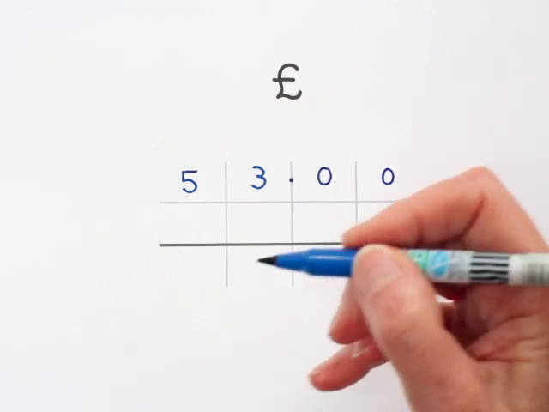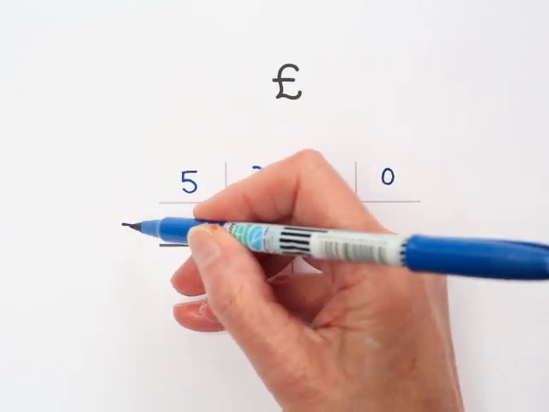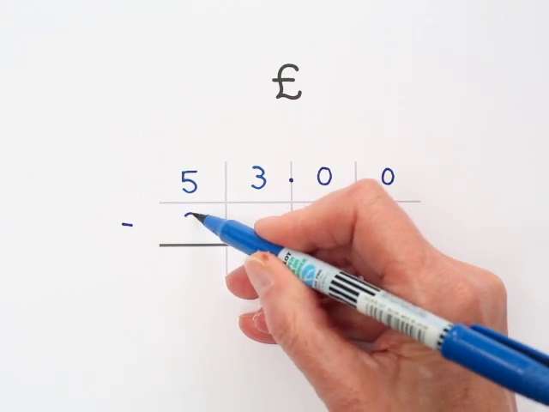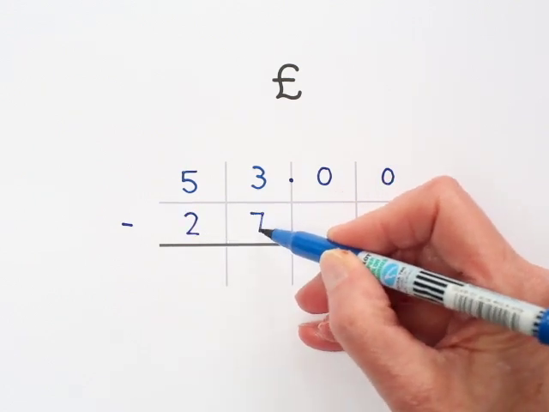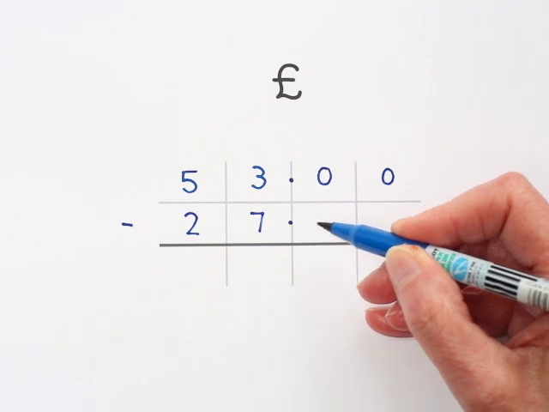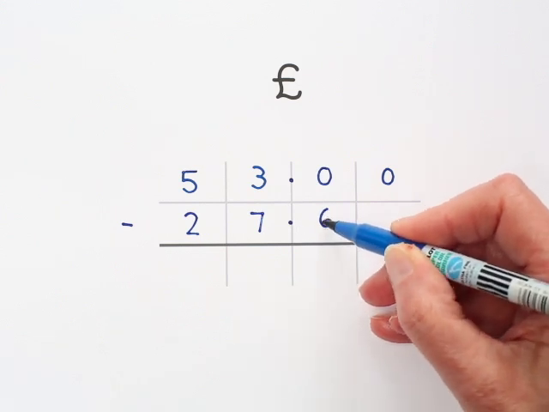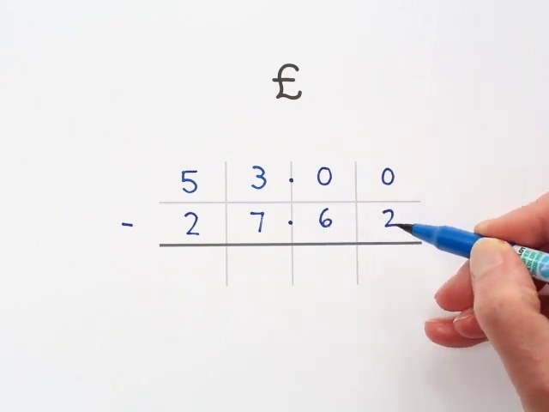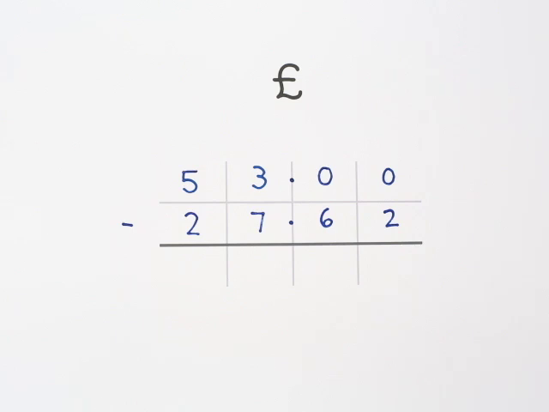Then we write the second number under the first, take away £27, decimal point, 62p. So now you can do the subtraction.